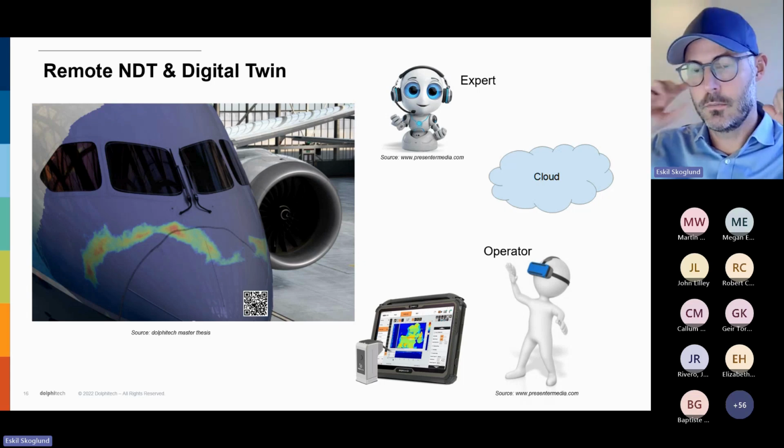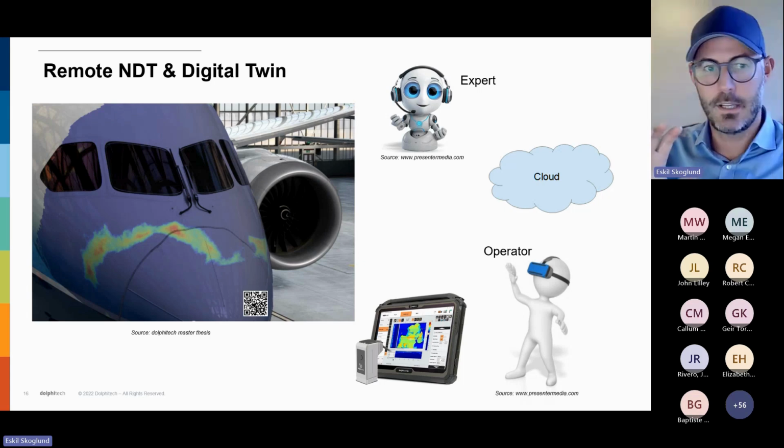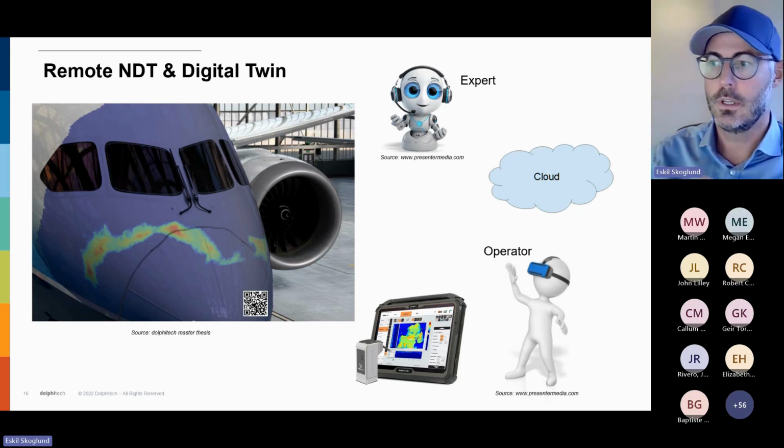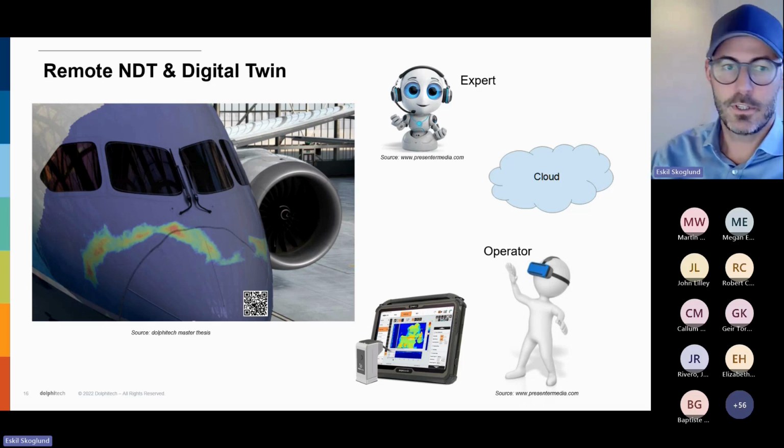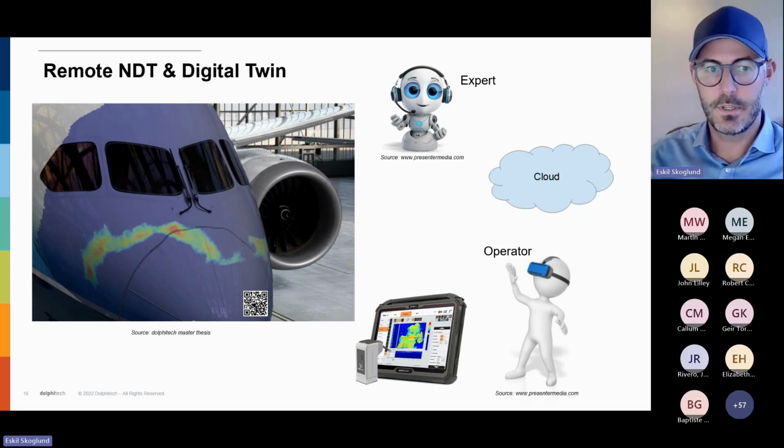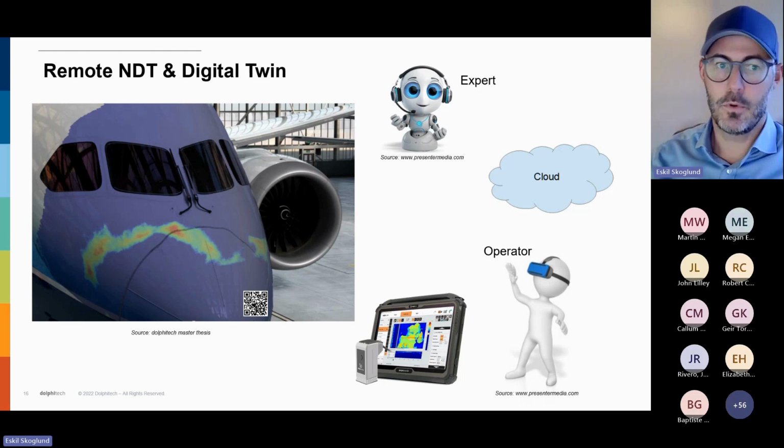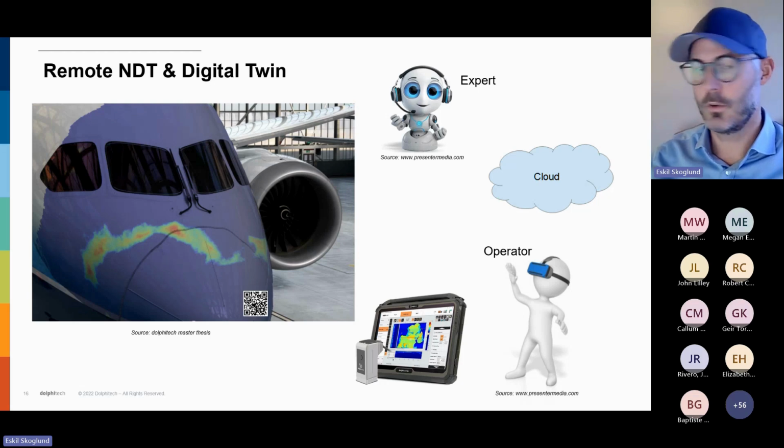This can be everything from projected NDT results onto the actual aircraft, to tables and reports. Let's say you can get a table of when the last maintenance was, where it's flown, who owned it, displaying ultrasound, eddy current, all kinds of results or separate results.